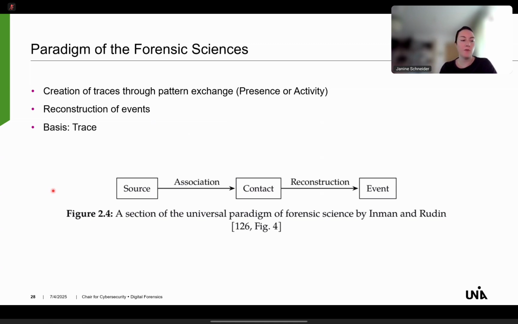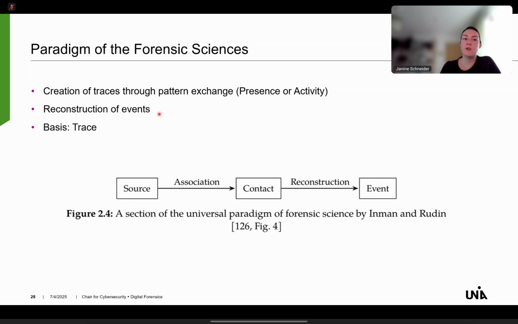For example, if we put some force on an object, then the event of having the force on the object creates a trace on the object. So you might remember the transfer of matters and the transfer of traits, and the reconstruction of events. So the reconstruction of events is what we actually want to do.